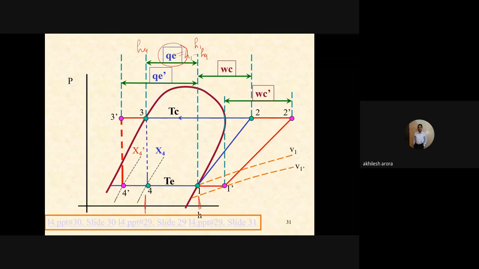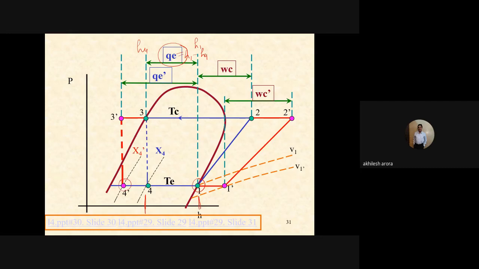But when we install the liquid vapor heat exchanger, the exit point from the evaporator is the same. It is exiting the evaporator at H1 only. Whereas the entry point to the evaporator is shifted to H4 dash.